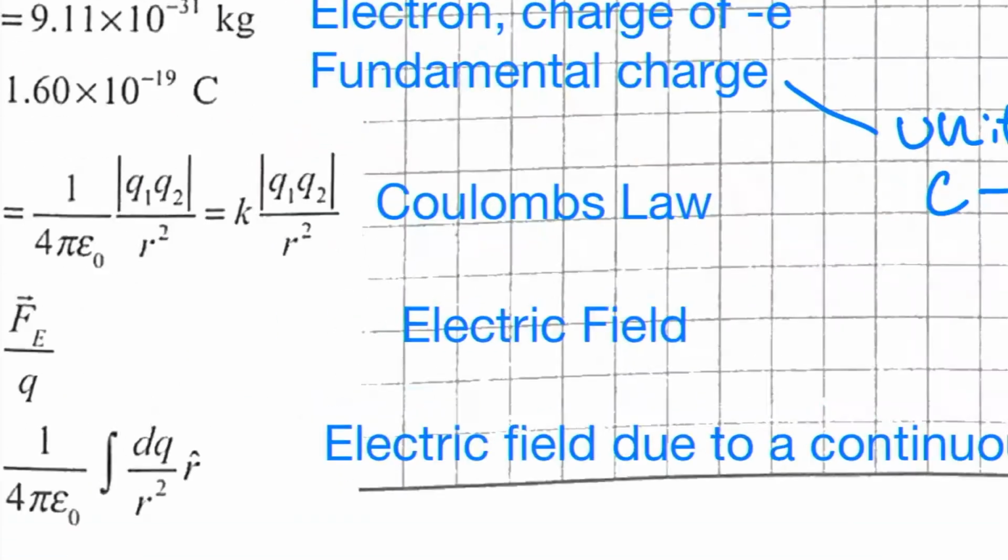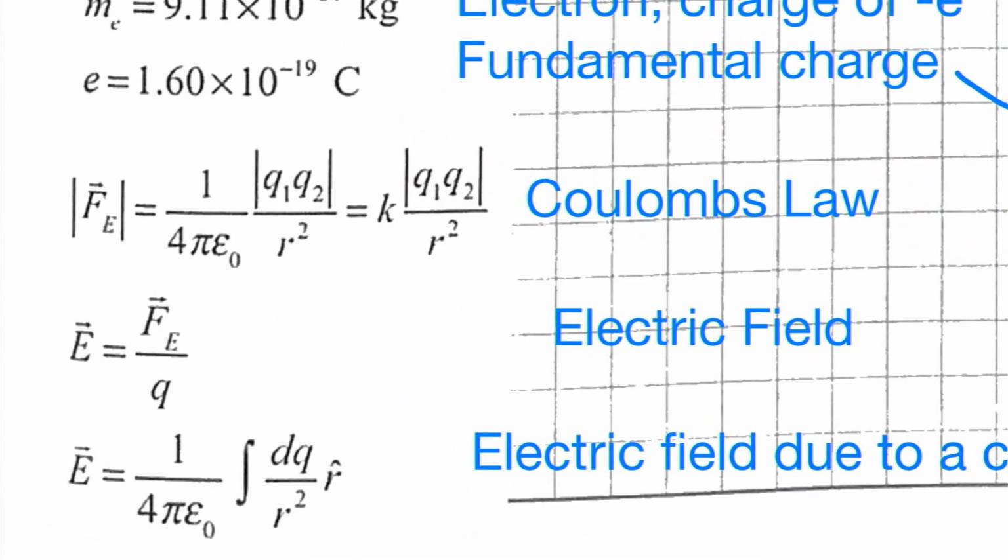We have Coulomb's law here. On the equation sheet, it's given as an absolute value, which means we're dealing with the magnitude of the force. You can relate Coulomb's law using either the vacuum permittivity or Coulomb's constant. I find this is easier because it's just less typing on your calculator.